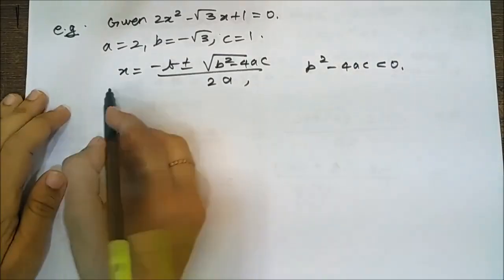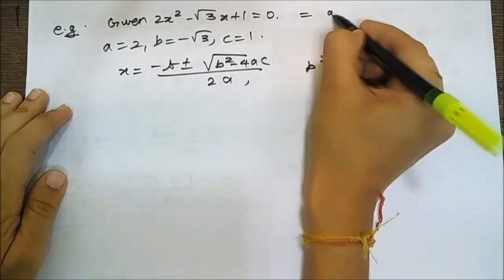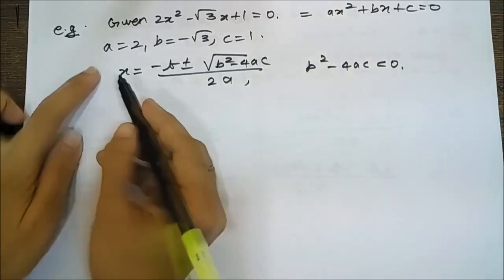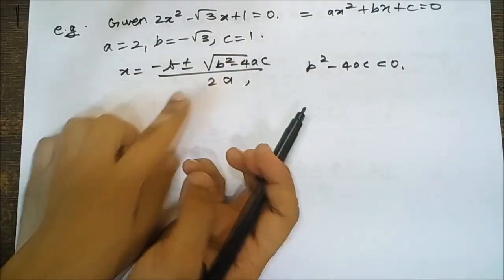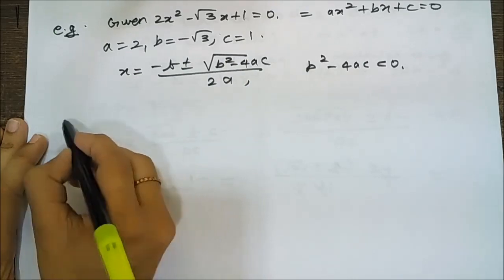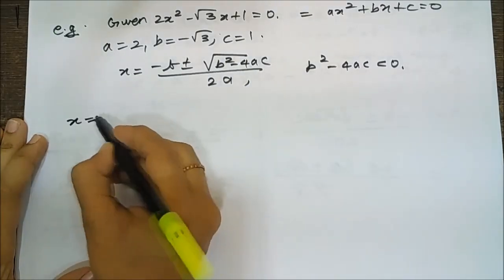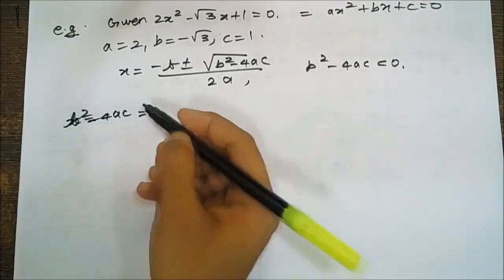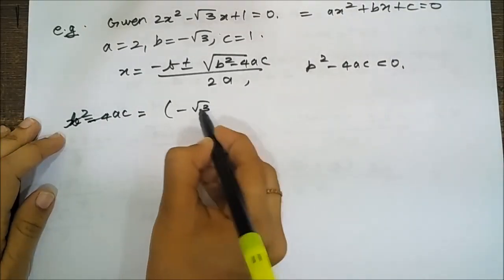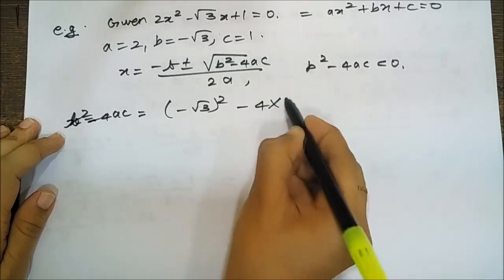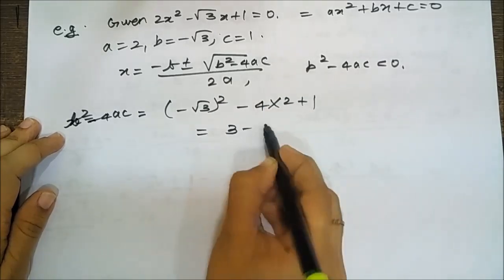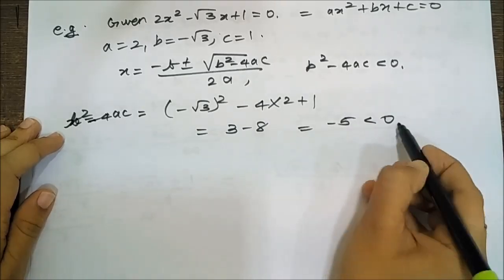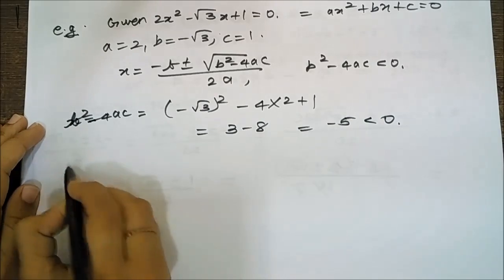So let's substitute the values. This is given in the form of ax square plus bx plus c equal to 0. So a is 2, b is minus root 3 and c is 1. When you substitute the values, b square minus 4ac is equal to minus root 3 the whole square minus 4 into 2 into 1, 3 minus 8. So minus 5 is less than 0.